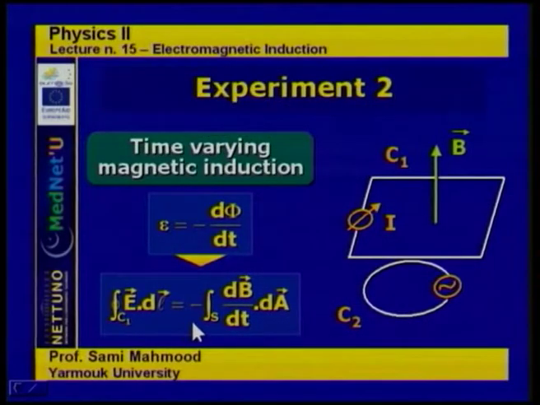But in the dynamic case, where there are time effects, E dot dl around a closed loop is not 0, and this is due to the time effects only. So just keep in mind the time effects and what they can do: they can produce electrical phenomena from magnetic phenomena, and vice versa. This is the field that we will be talking about in the next few lectures.